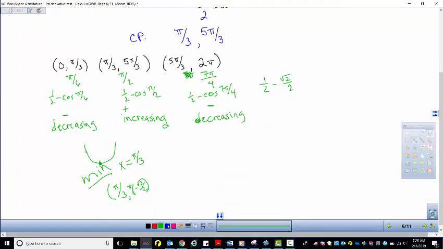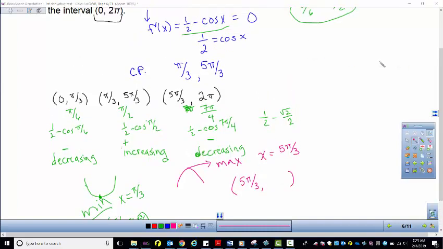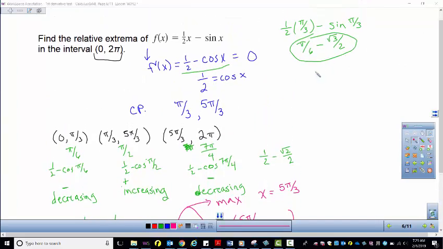All right, so then the next one, I go from increasing to decreasing, so that means right here is a maximum when x is 5 pi over 3. So my x value is 5 pi over 3. And then to get my y value, I go back up to my original function. I'd get 1/2 times 5 pi over 3 minus the sine of 5 pi over 3.